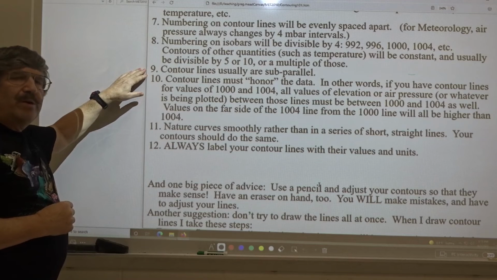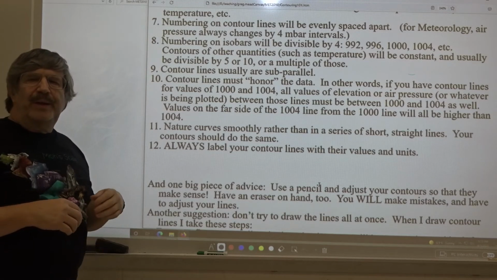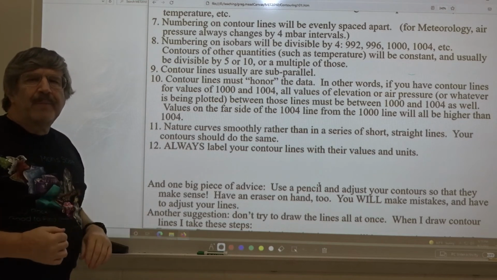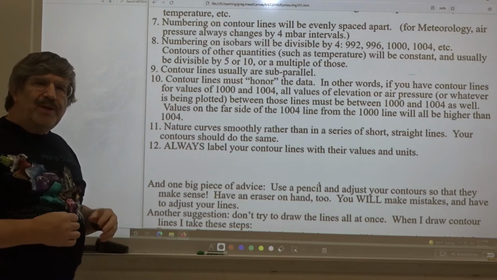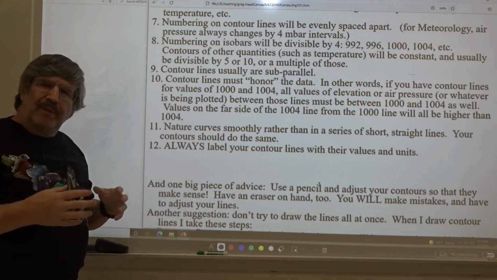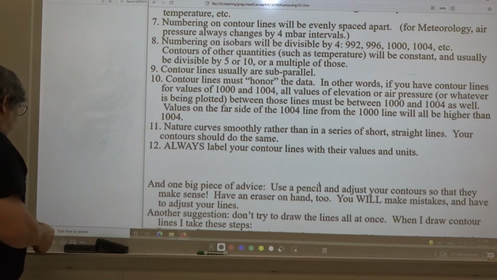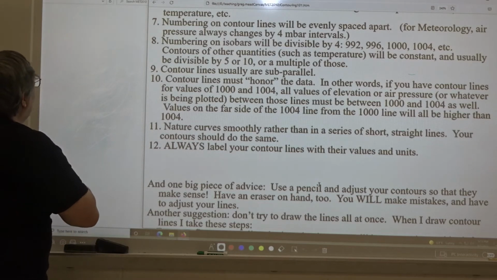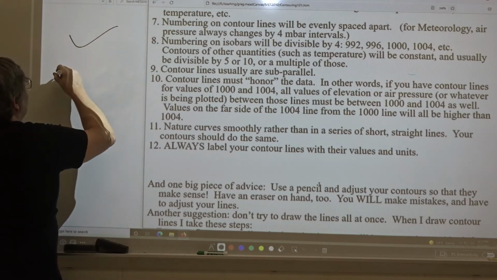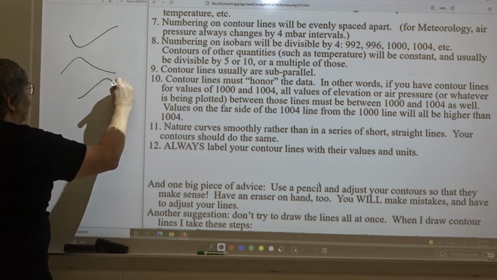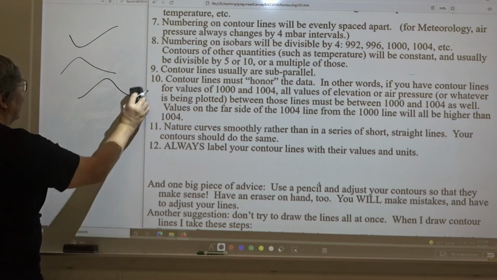Contour lines are usually subparallel, and this is really not a contouring rule. This is just a general rule of the way that reality works. What this means is that generally you will not have contours that are completely different from one another like that.